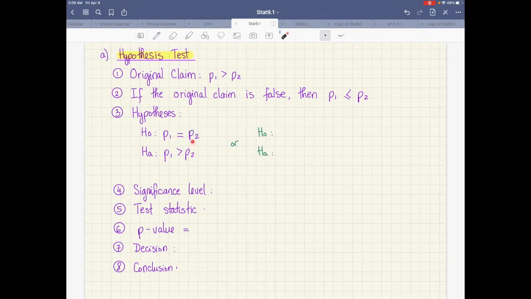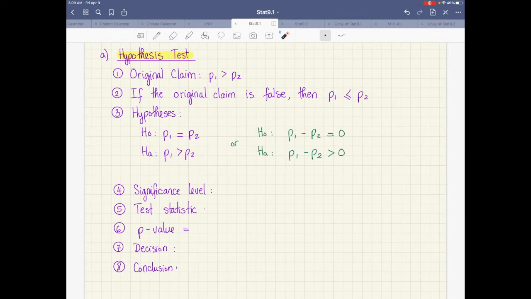I can also move the P2 to the left side to have P1 minus P2 equals 0 and P1 minus P2 greater than 0. These two ways of writing H0 and HA are equivalent, so it doesn't really matter which way you use.